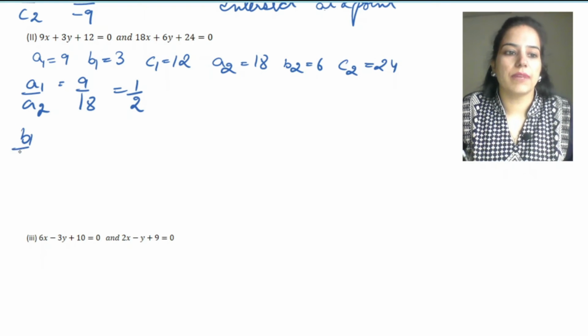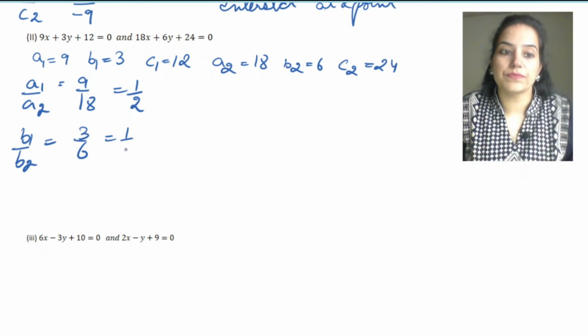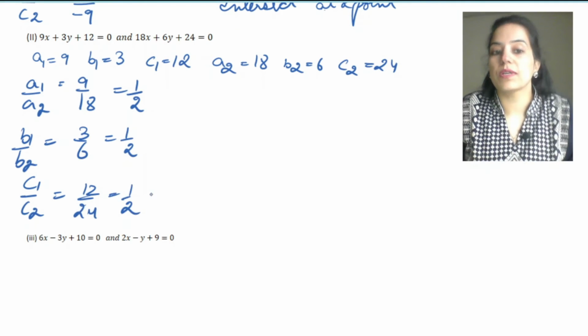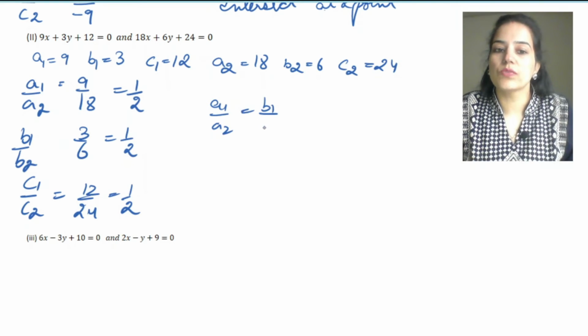Then B1 by B2, which is 3 by 6, is also 1 by 2. Then C1 by C2, which is 12 by 24, is also 1 by 2. So in this case, A1 by A2 is equal to B1 by B2 is equal to C1 by C2.